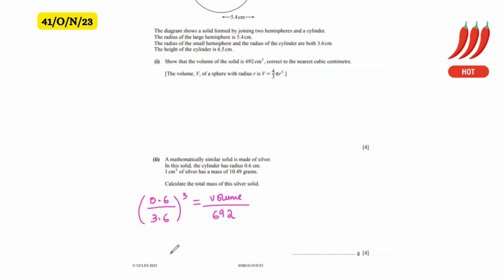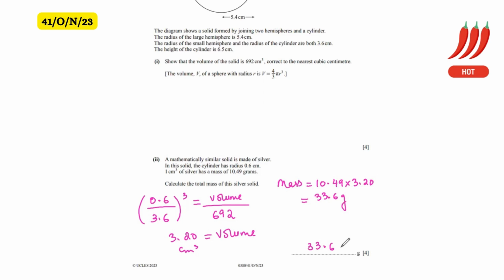That gives us 3.20 for the volume. So mass is going to be 10.49 times 3.20. 33.6 grams.